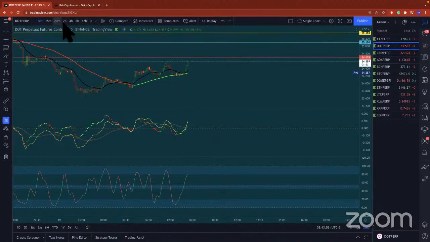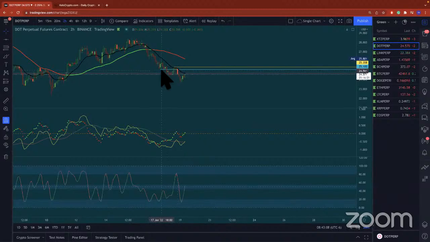If you go back to the 2-hour chart, the blue line is going to be our target, because anything below that blue line is going to come back and touch that blue line, as long as your custom MACD line is making higher lows.